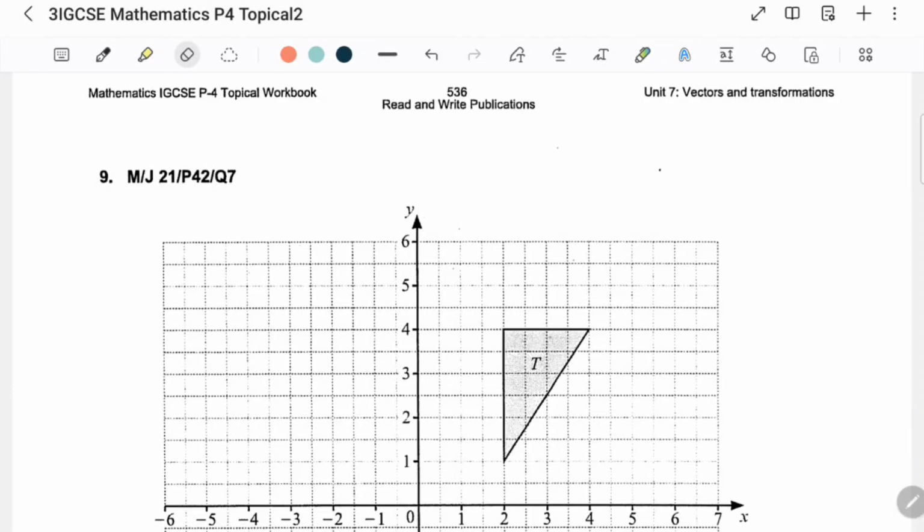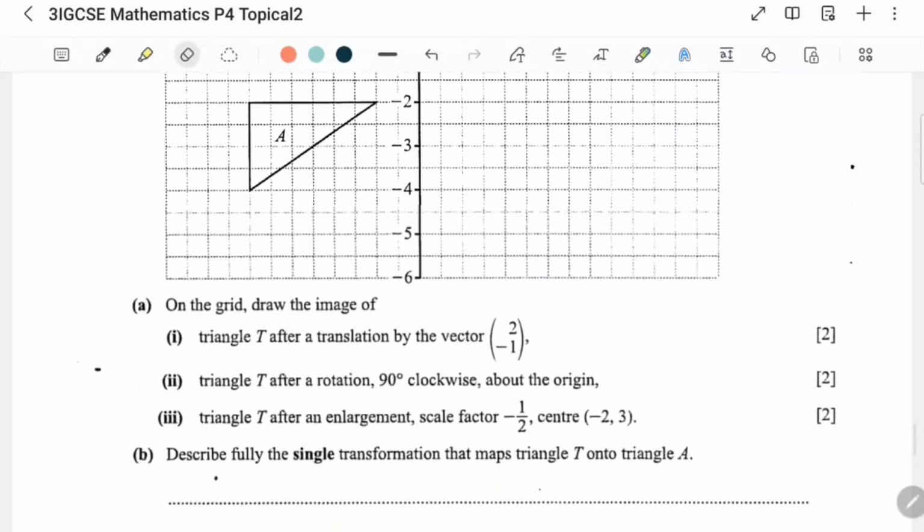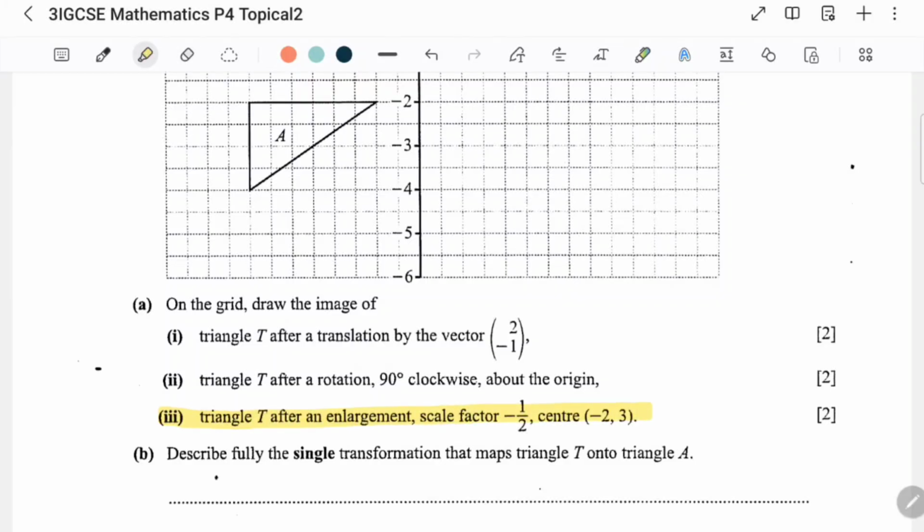Now we are doing question number 9, May/June 2021, paper 4-2, question 7, part 3: triangle T after an enlargement with scale factor minus half. The diagram, your image, will become smaller. The diagram will become half.